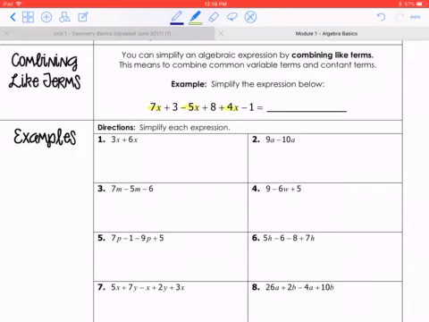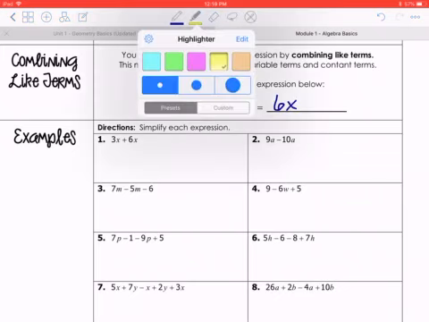I highlighted them all in yellow. Those all go together. When we combine them, we add them together using the sign that's in front. So I have 7x minus 5x, so I'm doing the 7 and the 5. That gives me 2x plus another 4x, so that would simplify down to 6x. I combined all of my x's.